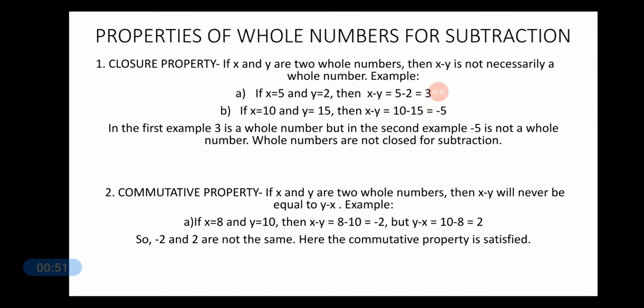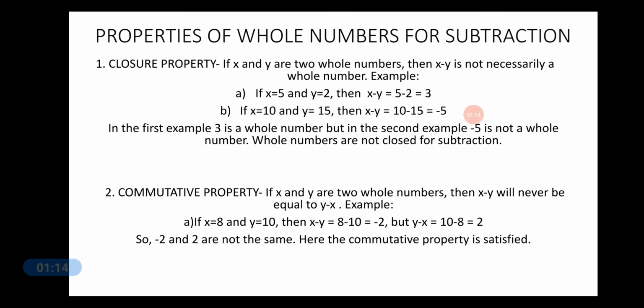Here 3 is a whole number. But in the second case, the value of x is 10 and the value of y is 15. Now if you subtract, x minus y, you get 10 minus 15, which is equal to minus 5. Now minus 5 is not a whole number.